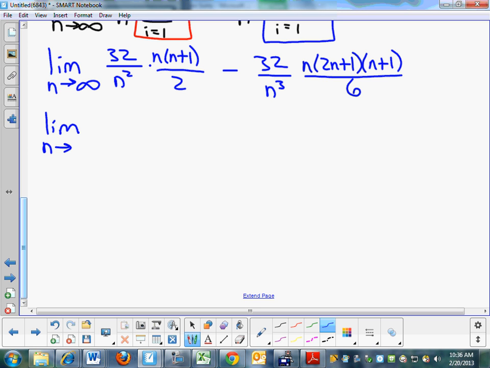Limit. We're almost done. Two steps. Limit as n goes to infinity. I distribute this n and multiply by 32: 32n squared plus 32n all over 2n squared, minus 2n to the third times 32, 64n to the third.